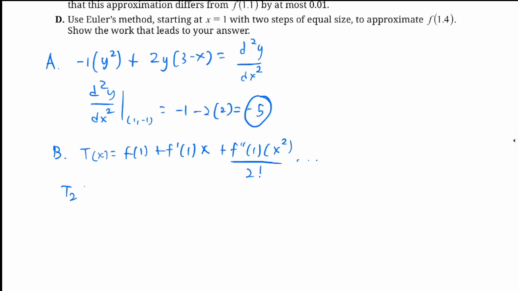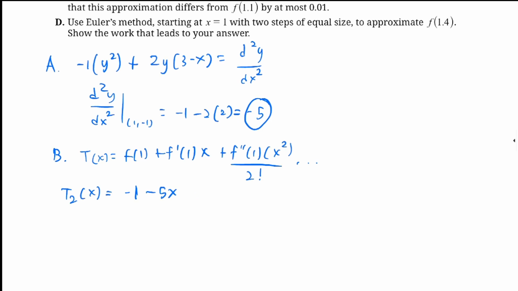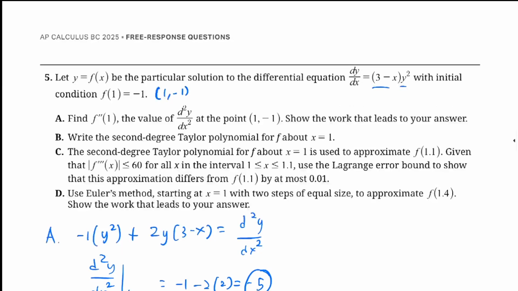So T2 of x, the second degree Taylor polynomial, is equal to -1 plus the derivative at 1. Oh no, sorry, the derivative at 1 is just dy/dx at (1, -1), which in fact is just 2.